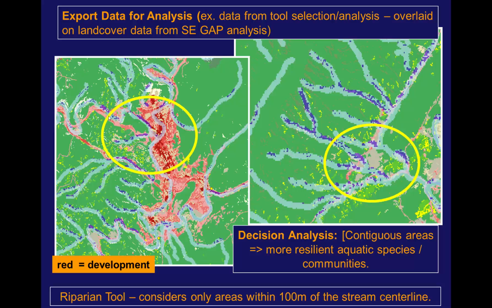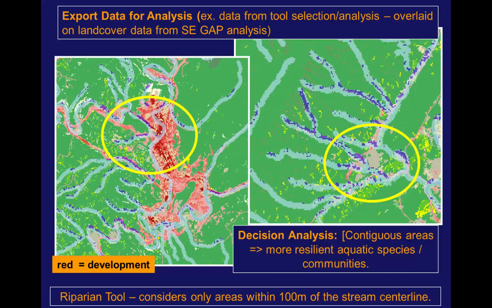On the map on the left, with the area highlighted with this yellow circle, you can see that while there is riparian corridor which does meet the criteria, some of it is in the middle of an urbanized area. On the right-hand side, there is some slight urbanization, so it's not real high density, and you do have a lot more forested areas.